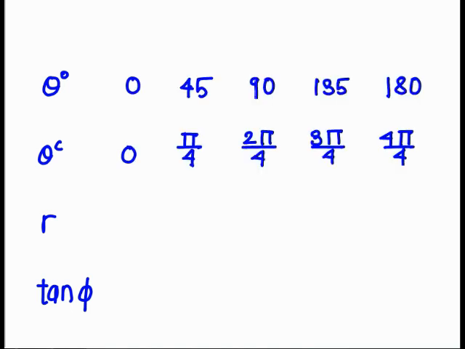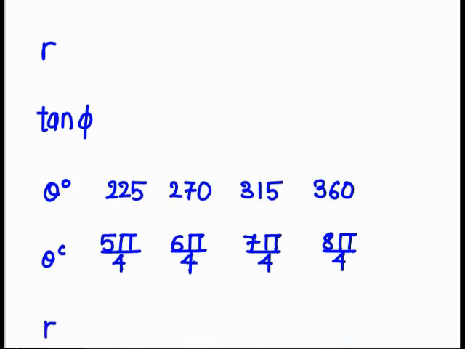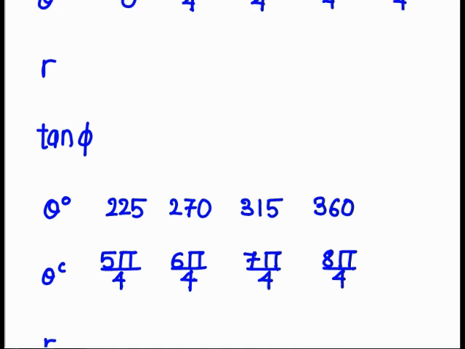So consider each sector 0, 45, 90, 135, 180, that is 0, π/4, 2π/4, 3π/4, 4π/4, 5π/4, 6π/4, 7π/4 and 8π/4.